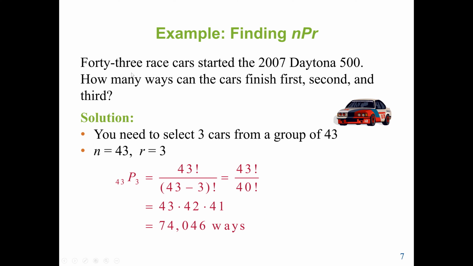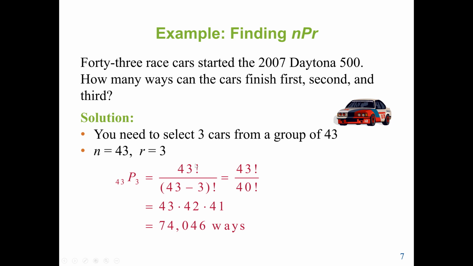The question says 43 race cars started the 2007 Daytona 500, so our total n will be 43 race cars. And we are looking for only 3 cars that will be first, second, and third, which means r will be 3 and n will be 43.